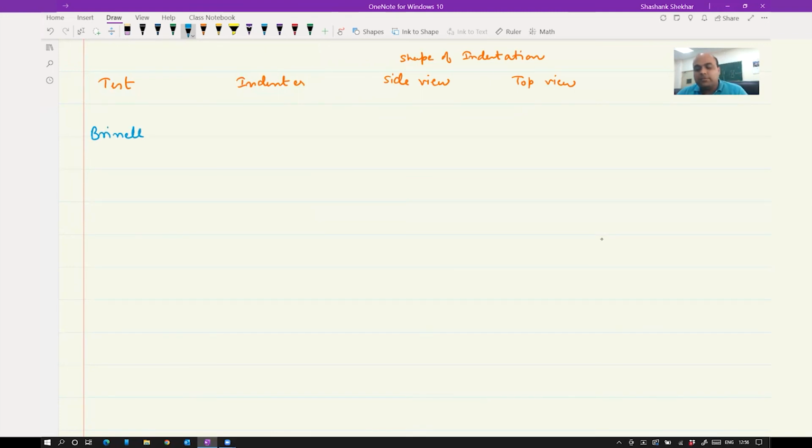So the first is your Brinell. What do we use as indenter in Brinell? Either a steel ball or a tungsten carbide ball, and both are, say, 10 millimeter. So a 10 millimeter steel or tungsten carbide ball. If you see the side view of it, it is going to be spherical.